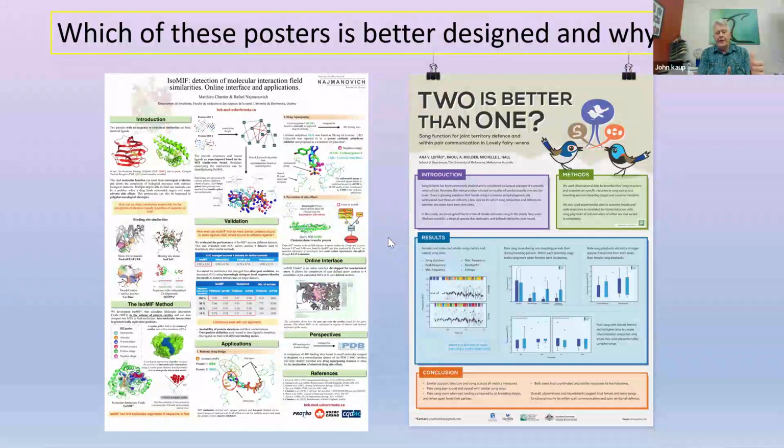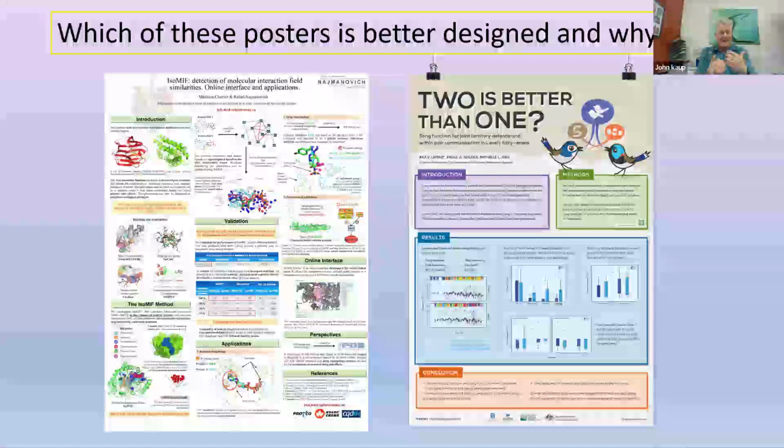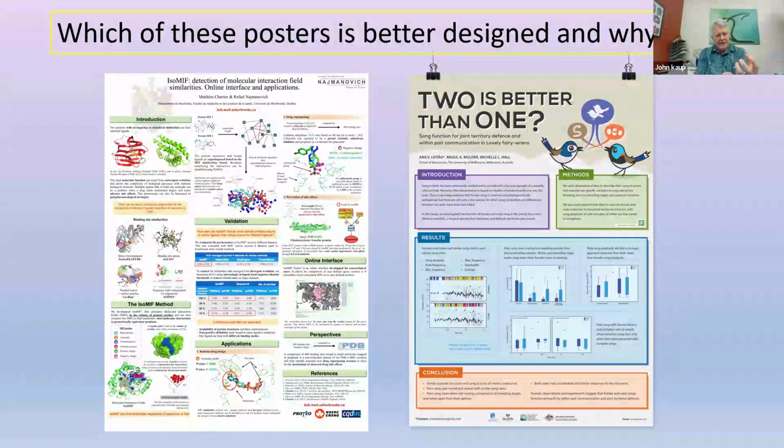I think the one on the left, it's interesting. If I approached both of these, a lot of the science that I see on the left, again, my own bias, I would love to look at those. I love seeing some of those images and trying to get in there. But there's a lot on that one on the left side. There's a lot of different colors. They're maybe doing an okay job with the colors, but there's just a lot there that I think is hard for anyone to get through.